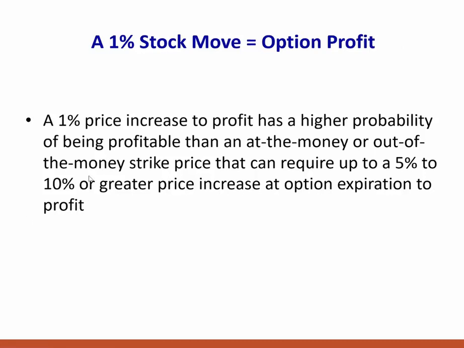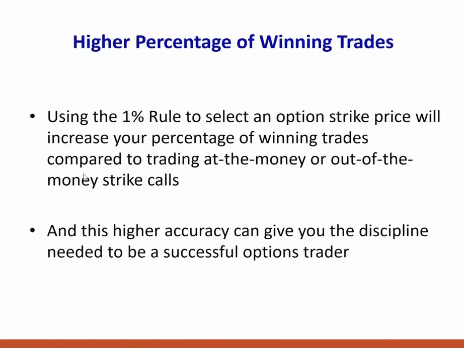So this is strictly a mathematical calculation, and a 1% price increase to profit will have a higher percentage of winning trades than an at-the-money or out-of-the-money strike that requires a bigger price move in the underlying stock to break even and start profiting.